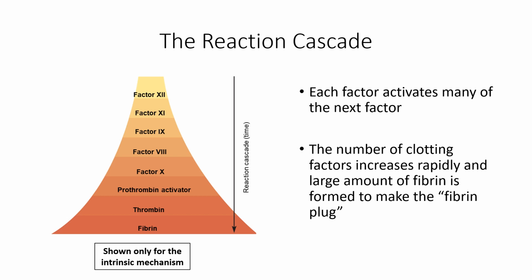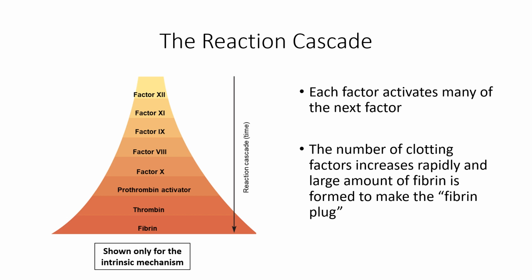So each factor, looking just at the intrinsic mechanism, meaning the mechanism that occurs within the blood, each factor, the factor 12 here, is going to activate a larger number of the factor 11.